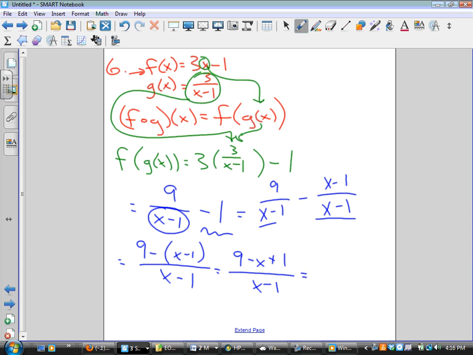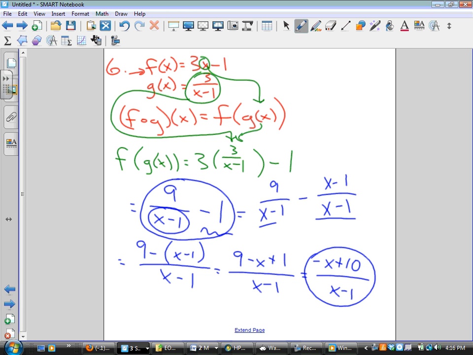In the final simplification, we can combine like terms: negative x plus 10 divided by x minus 1. So here's our final composition, and depending on how it's written, they might say that the original is our final composition. So there's a composition.